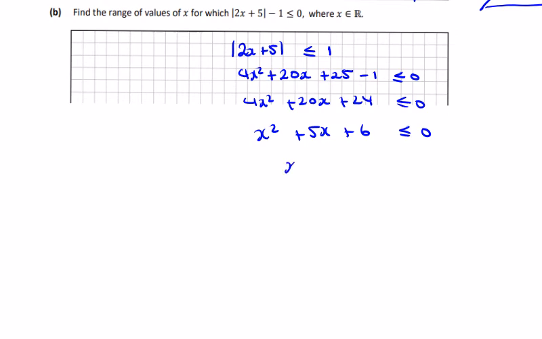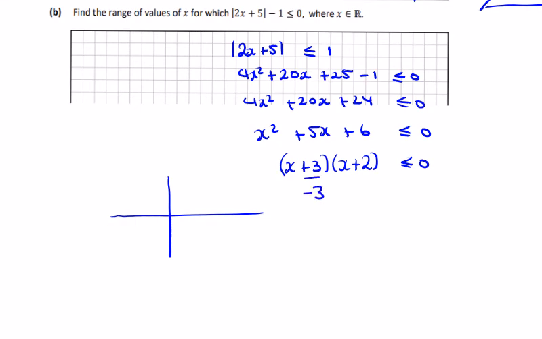And if I factorize that and do a quick sketch, x plus 3 by x plus 2. Where is this quadratic less than or equal to 0? My factors are plus 3 and plus 2, so minus 3 and minus 2 for my roots. So I'm just going to move my y-axis across. I've got a minus 2 and a minus 3, and it goes across the y-axis at plus 6.